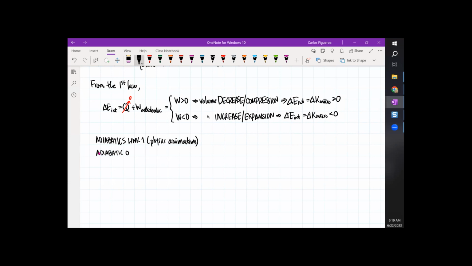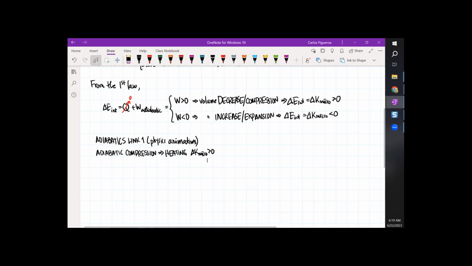And so if I have adiabatic compression, that immediately says that I have heating since K micro increases.